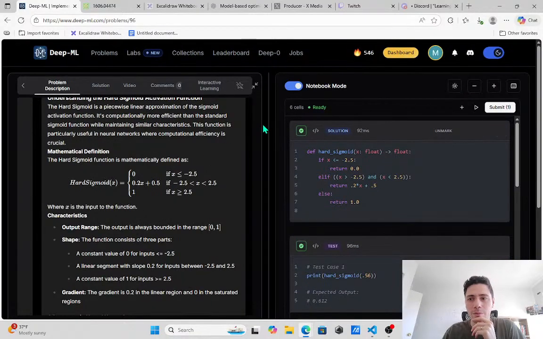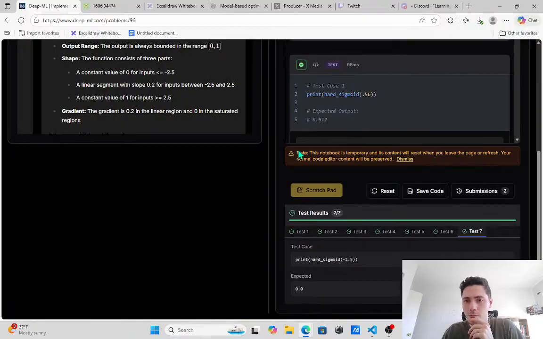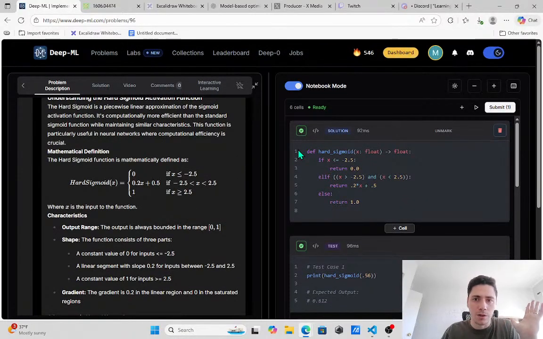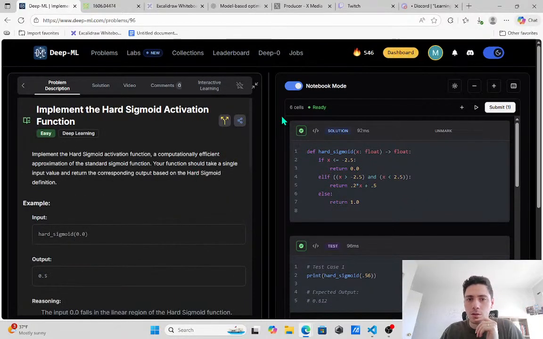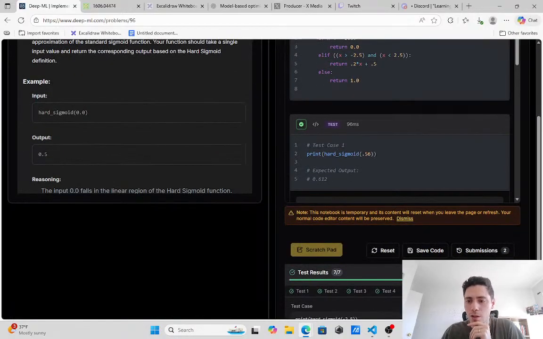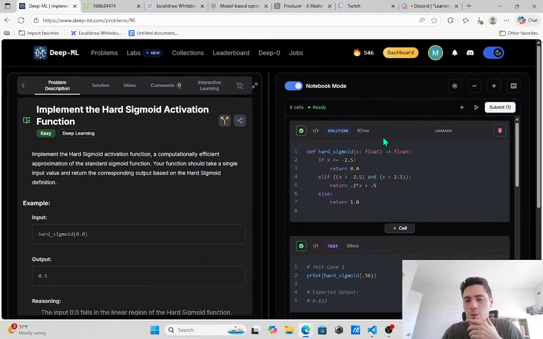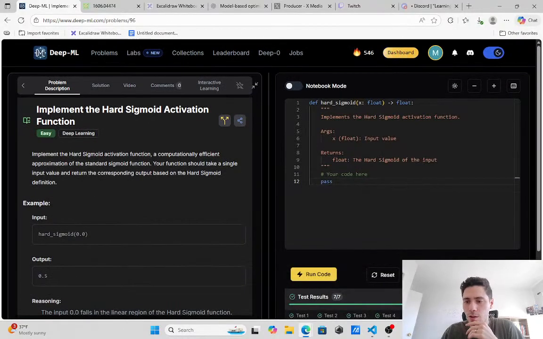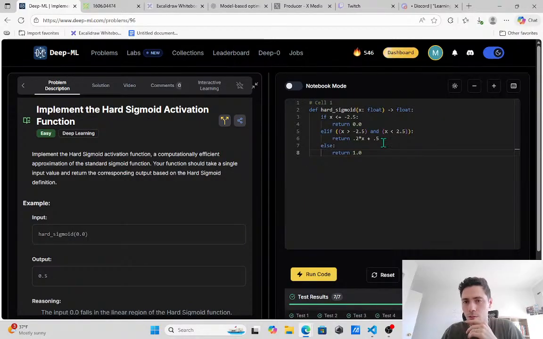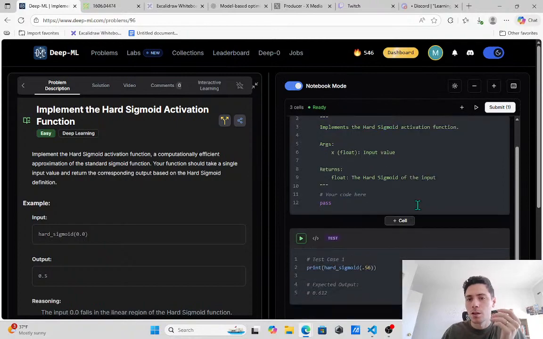But yeah, so we got it correct. We got the little check thing there. Now we have the solution actually in our code, so even if we lose this, we still have our solution. Okay, go back here.